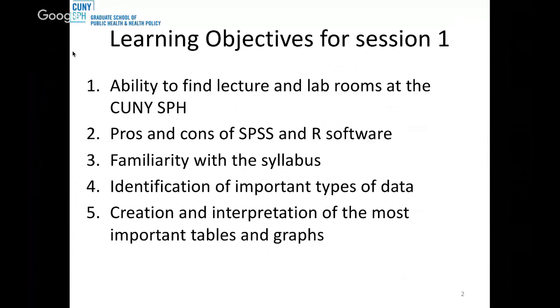Some basic things that we hope to accomplish today. You've already accomplished the first thing, the ability to find your lecture and lab room for this class. Congratulations. We're going to talk a little bit about SPSS and R software, some of their pros and cons, and I'll invite all of you to choose whichever works best for you.